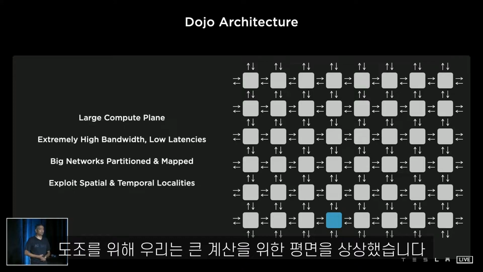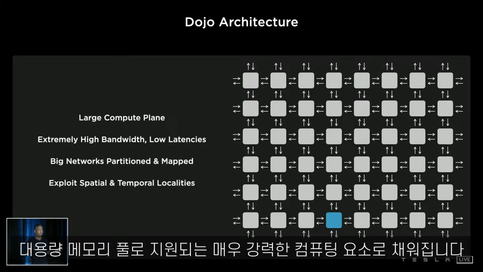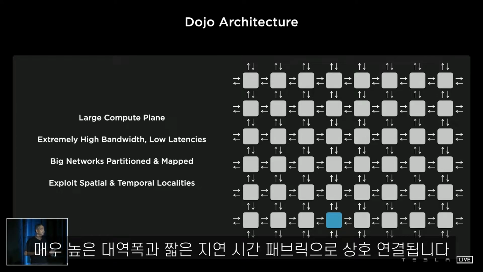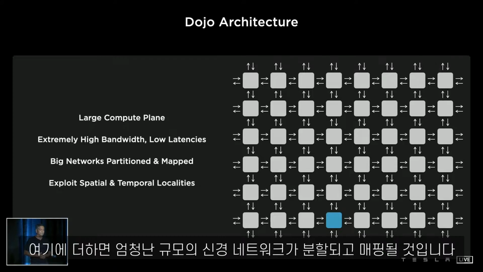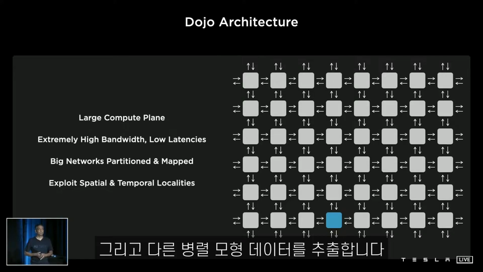For Dojo, we envisioned a large compute plane filled with very robust compute elements backed with a large pool of memory and interconnected with a very high bandwidth and low latency fabric in a 2D mesh format. And onto this, for extreme scale, big neural networks will be partitioned and mapped to extract different parallelism: model, graph, data parallelism.